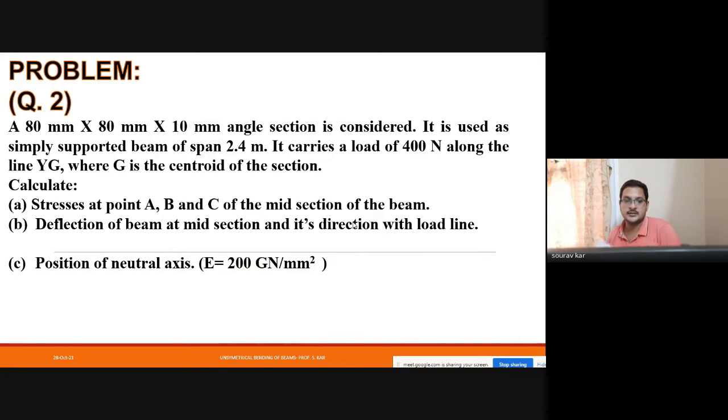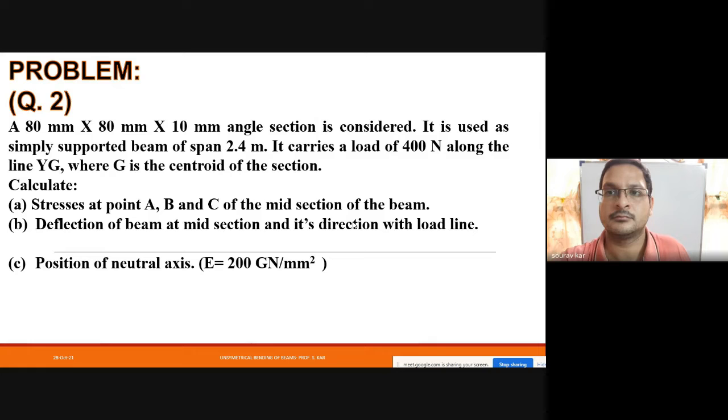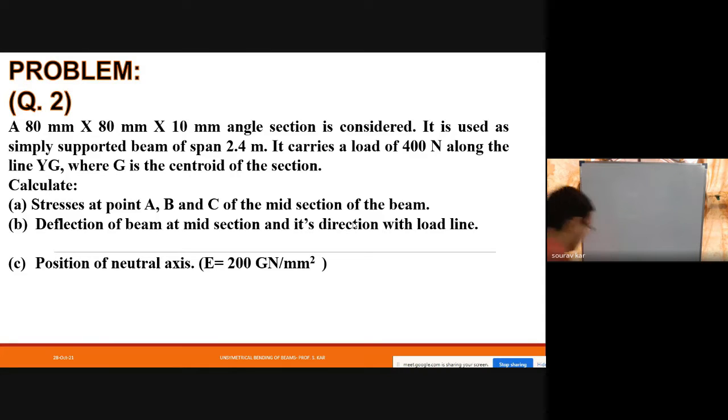An 80 mm by 80 mm angle section is given. Take down this numerical first.